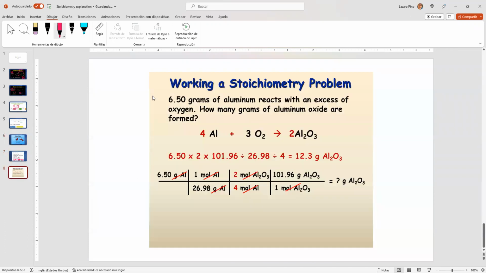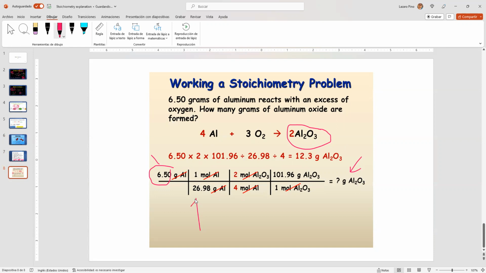Now we are going to have a problem that goes from mass of aluminum to mass of aluminum oxide. That is the product of this reaction. Well, you say the given number is 6.550 grams of aluminum. Then you multiply by the atomic mass of aluminum.